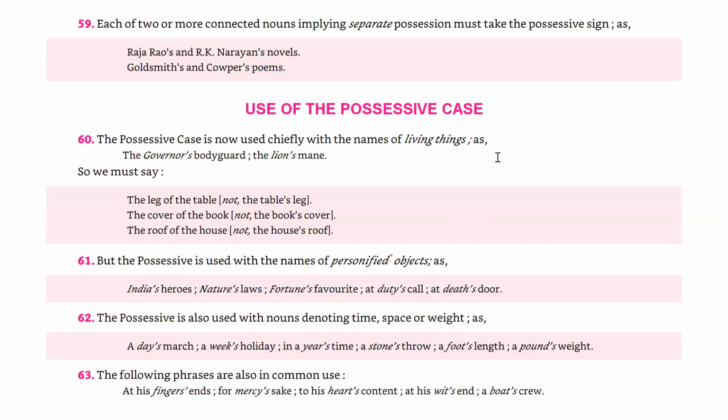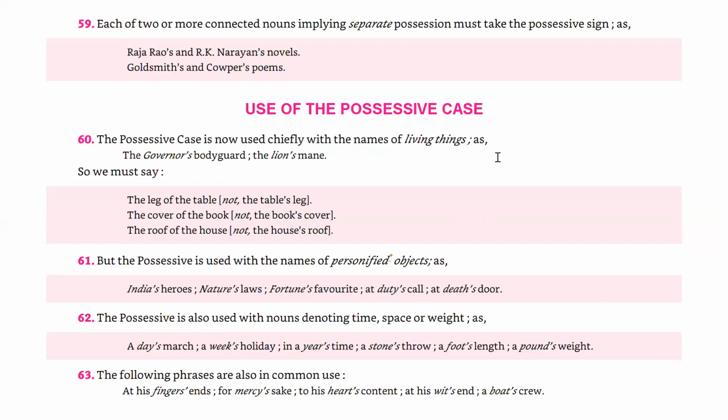Use of possessive case. Possessive case of the noun is used primarily with the names of living things. Okay, you remember this. The governor's bodyguard, the lion's mane, because governor is living, lion is living.